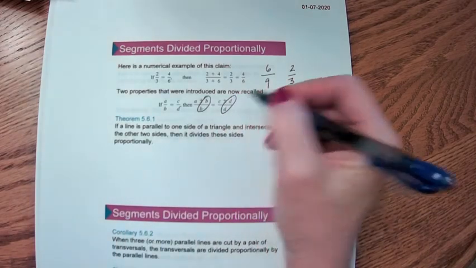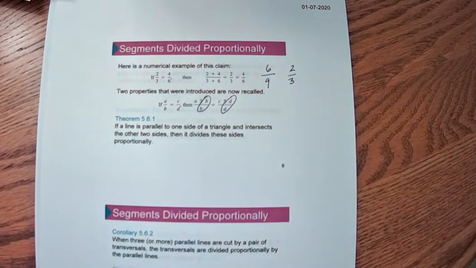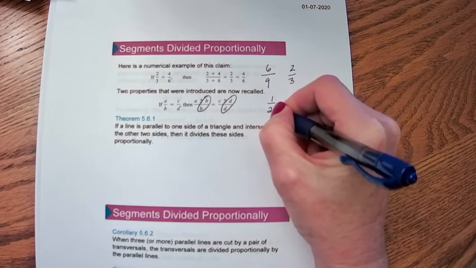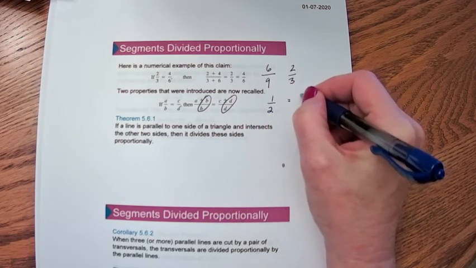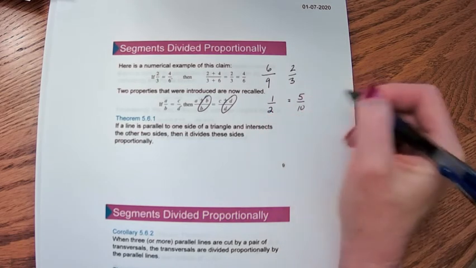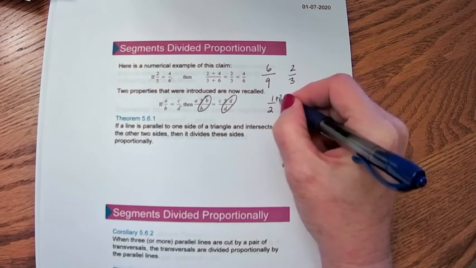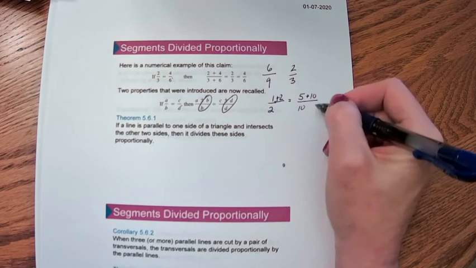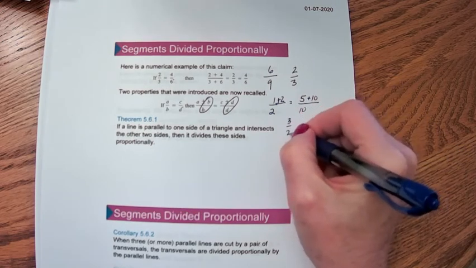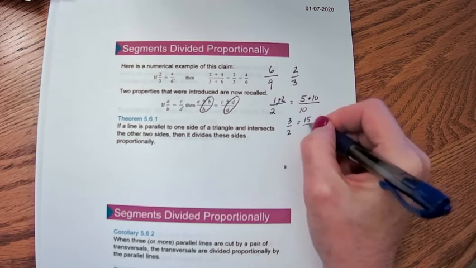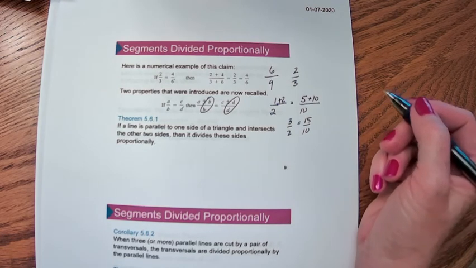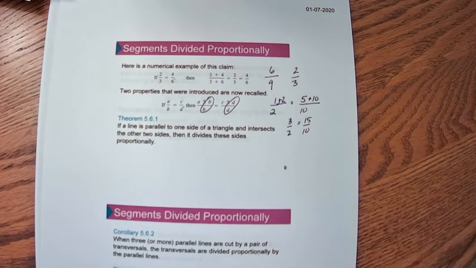If you wanted to keep the original denominator on the right-hand side, add that to the denominator. So if I have 1/2 equals 5/10, I could add a 2 there, and I could add a 10 there, and I would get 3 over 2 is equal to 15 over 10, and they are equivalent. The proportion is still true.